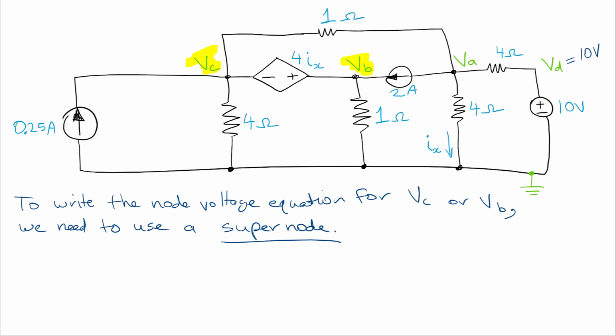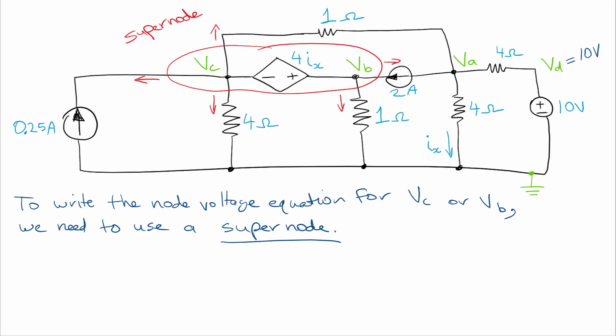Okay? And so what we do is identify the supernode, so we're going to draw a circle around it, and we're going to consider that to be one node, and then we're going to identify the currents flowing out of that supernode like this. So from every branch flowing out of the supernode, we're going to have a current.